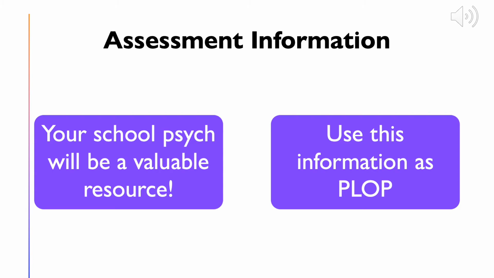When you gather assessment data for the psychoeducational report, the report the school psychologist conducts and completes to determine eligibility, you will use all of those assessment data for your present levels of performance in your IEP for the student.